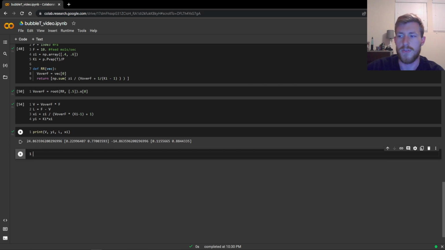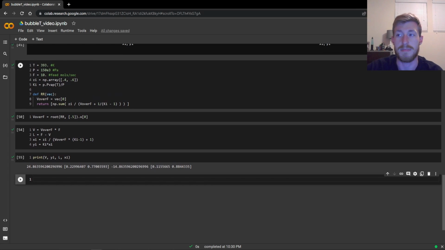So we have 24 moles of vapor per second, which is greater than the 10 moles of feed per second, which is just saying that we're far beyond the point of equilibrium. And this is the part that actually kind of matters. We have a concentration of 0.229, so basically about 0.23 moles benzene and 0.77 moles of toluene. So our vapor is mostly toluene.